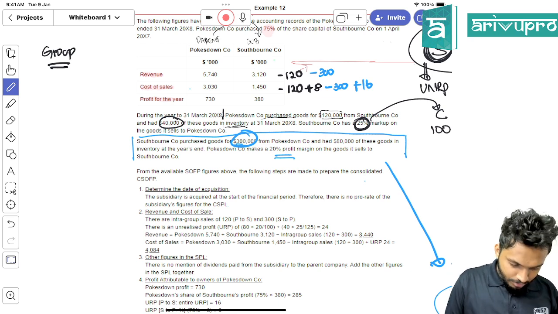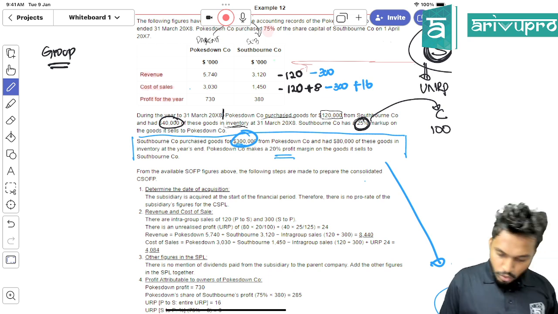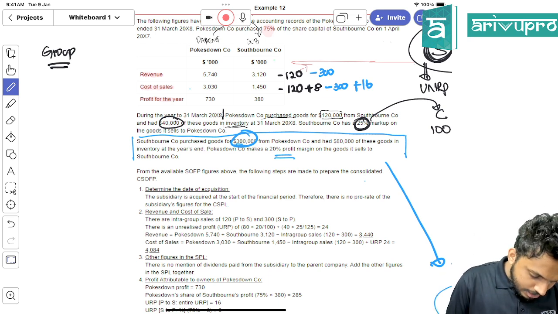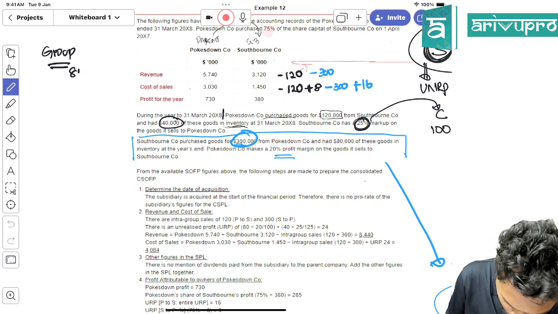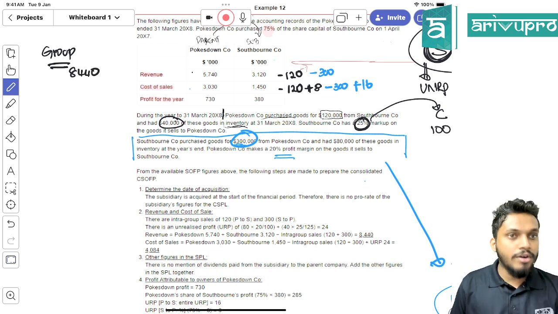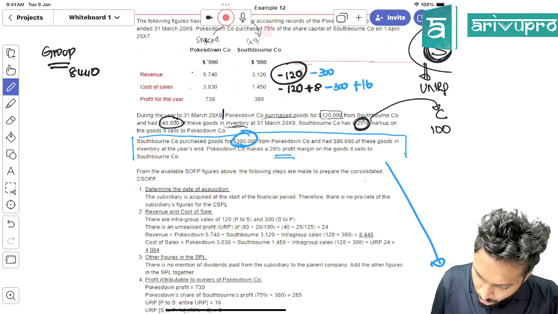Sorry, I missed the calculation. Hold on. These two are trading 120 among them and 300 worth of sales among them. So the total revenue is going to be 8,440. You need to remove your intra-group sales.